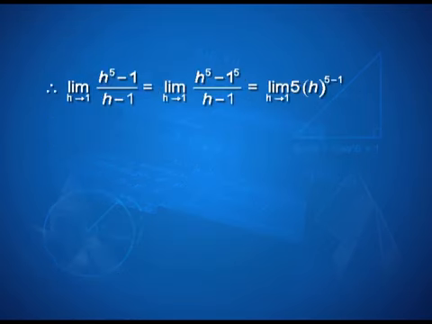Therefore, limit of (h to the power 5 minus 1 to the power 5) upon (h minus 1) as h tends to 1 is equal to limit of 5 into h to the power 4, which can be simplified as 5 into 1 to the power 4, that is equal to 5. Note that you should not forget to change the limits here.